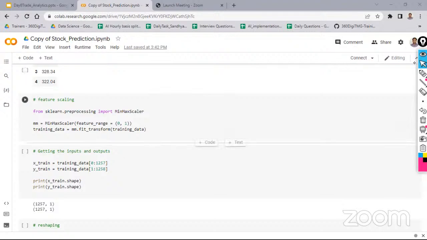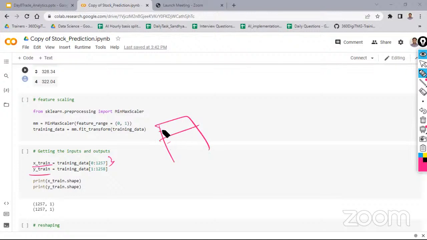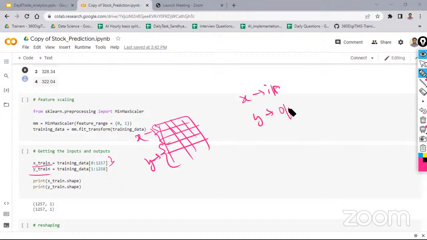And now I'm just selecting the values for train data, so X train and Y train. So I'm selecting some portion of the data as X train and some portion as Y train. So X means inputs and Y means outputs.